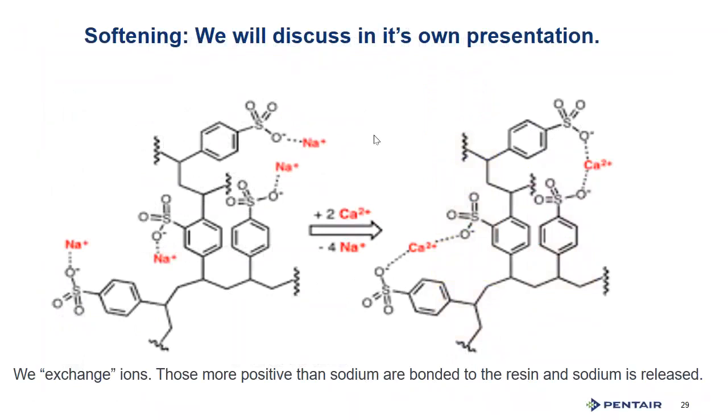Now we're moving on to another aspect of mineral control in water called ion exchange. In this process, we're not removing or sequestering hardness from the water. We are removing it and replacing it with something else. Why? Because we want to keep the charge balance in the water.